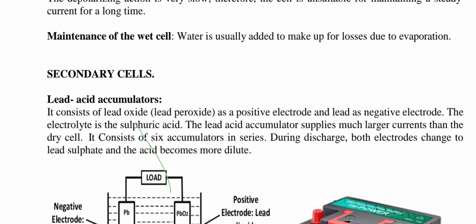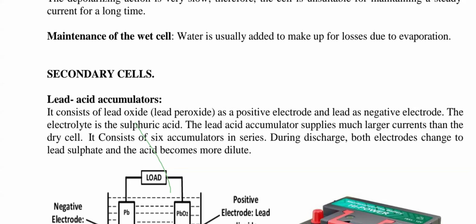Then after knowing that this lead oxide has the electrodes, what do we use in the lead acid accumulator is what we need to know. You find that in this lead acid accumulator, we use sulfuric acid as an electrolyte.